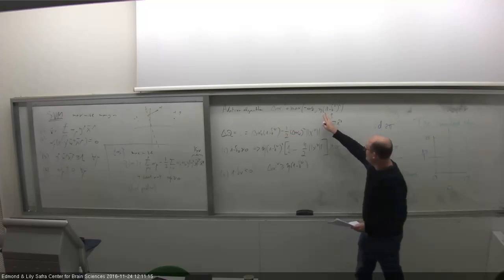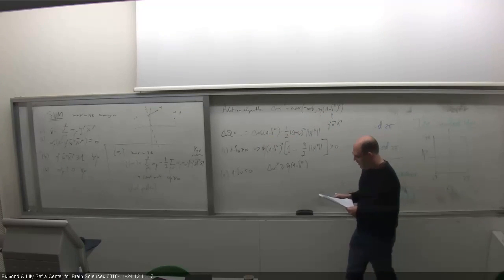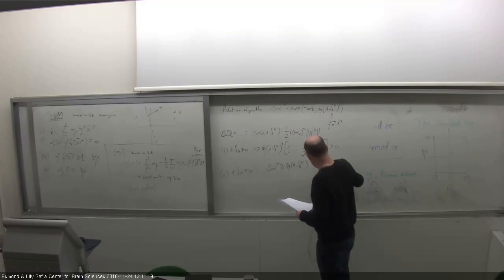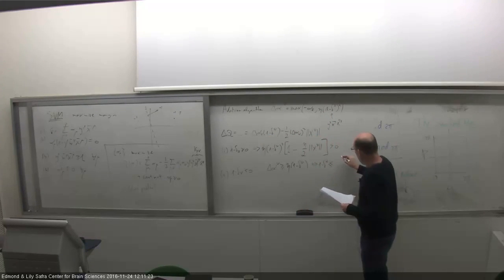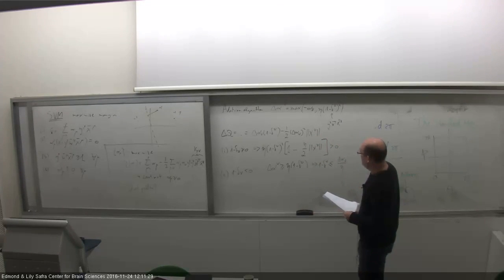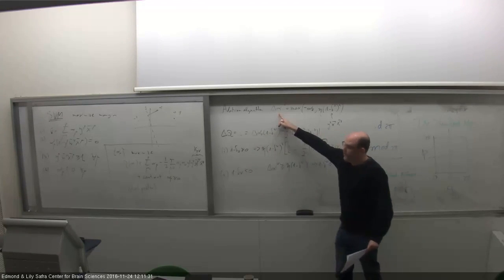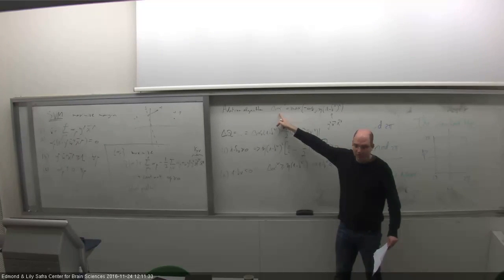Because it's the maximum of these two quantities. And therefore, 1 minus delta nu is at least as small as delta alpha nu divided by eta.